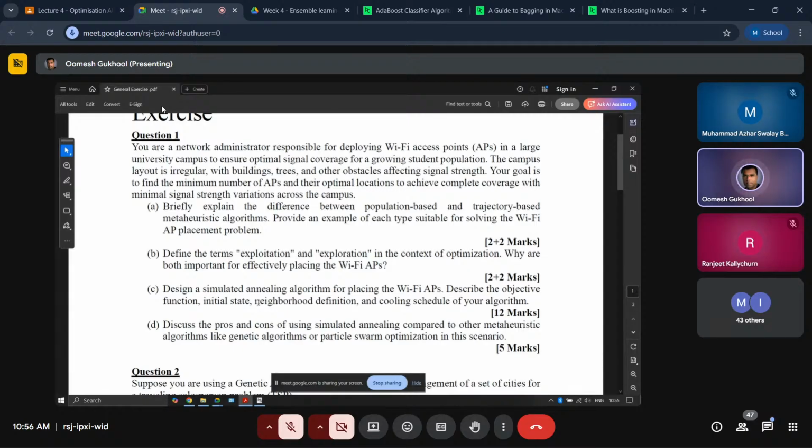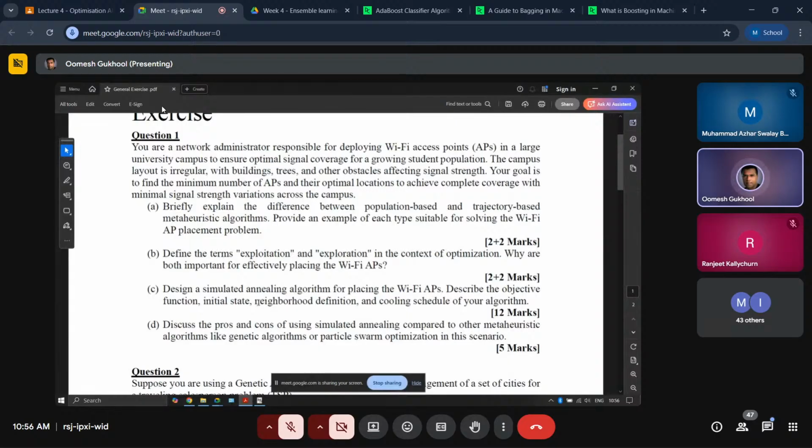Okay, the initial state. I just need to put the representation of that initial state, like if we're talking about the APs, for example. Remember, I had the initialization. I don't remember what I put there exactly, but I can put the initial state there.